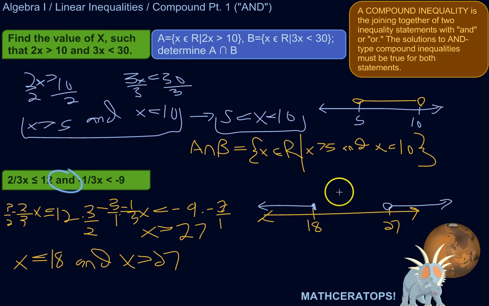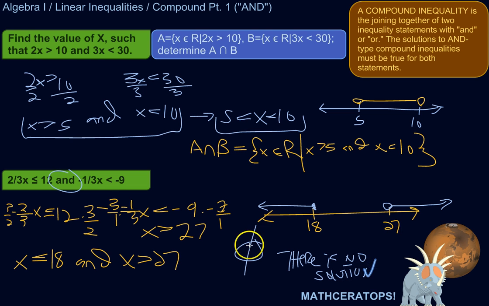Well, if you visualize this, there's no number where both of these things are true. So the solution set is the empty set, meaning there is no solution. So you can say empty set, or you can say there is no solution. There's no number where both those things are true. So there you go.